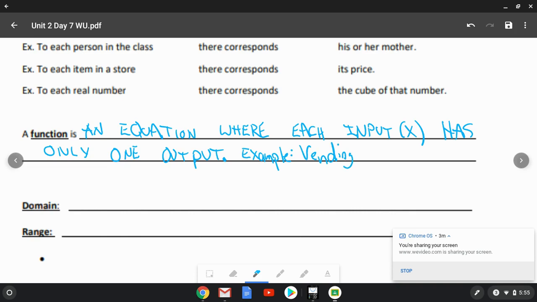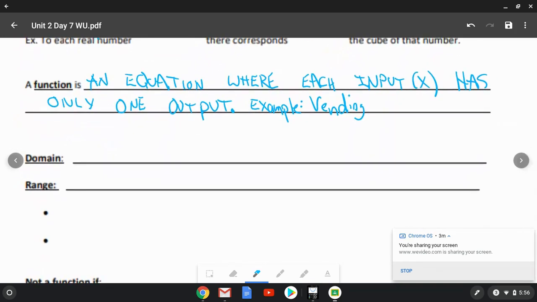You put your money in and then you plug in a number, or I think it's a letter and a number. And then you have an output, which would be the thing that you get. So that would be considered a function, because if you plug in a number, you're going to get the thing that you want. If you plug in a number and something random fell from the vending machine, not the thing that you plugged in, that's not considered a function. So a function always has an input that's attached to one unique output.